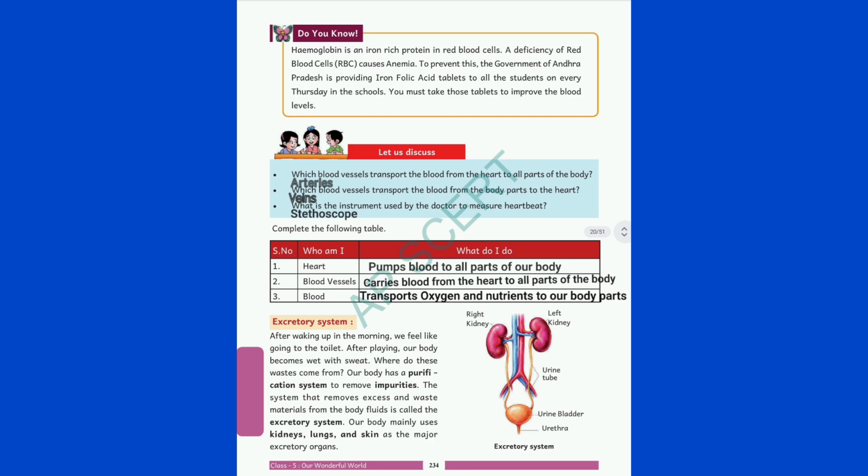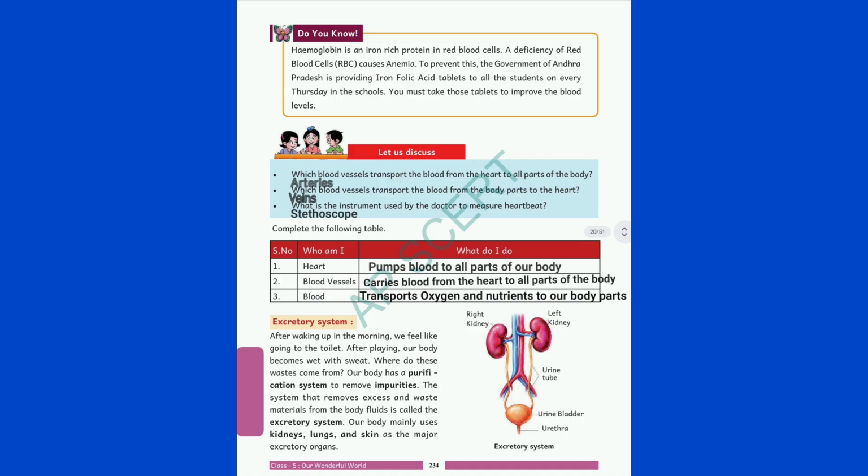Excretory system. After waking up in the morning, we feel like going to the toilet. After playing, our body becomes wet with sweat. Where do these wastes come from? Our body has a purification system to remove impurities.